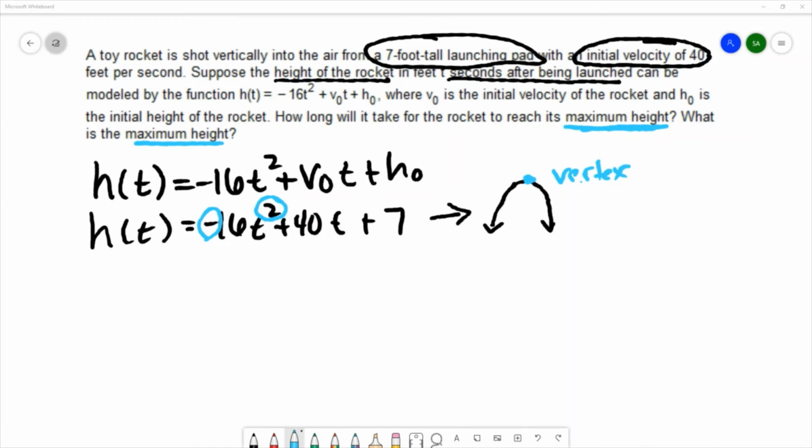Now we have a formula for calculating the vertex of the parabola. The vertex is an ordered pair, h, k. And the formula for the x-coordinate of the vertex, h, is negative b over 2a.